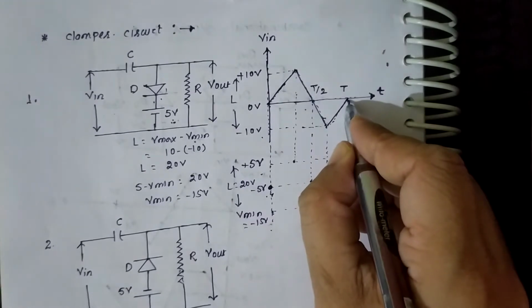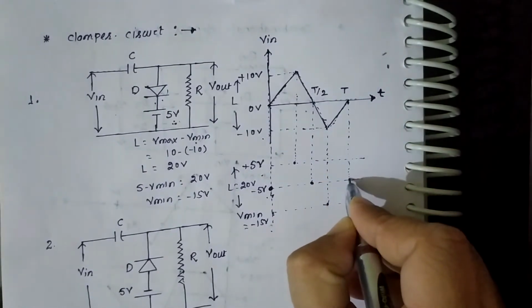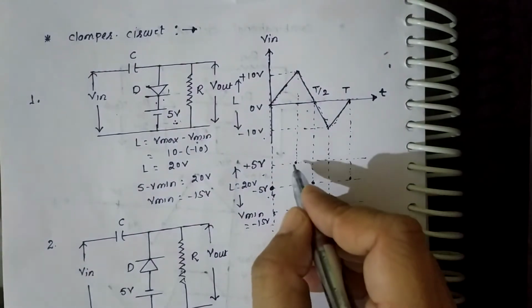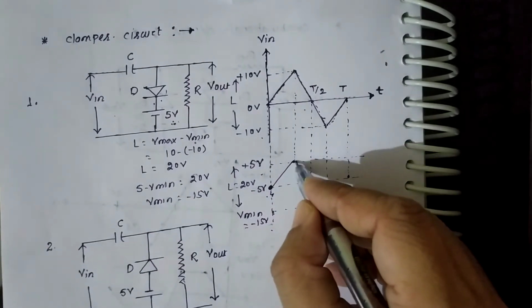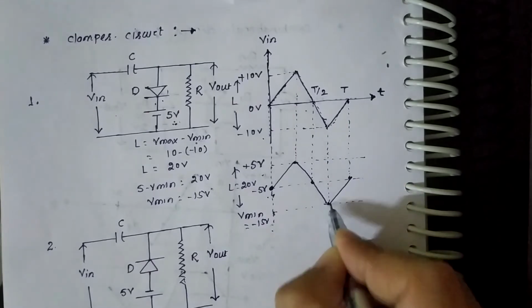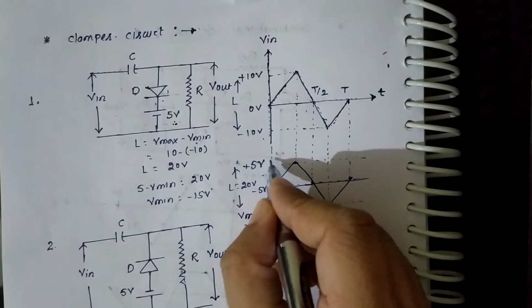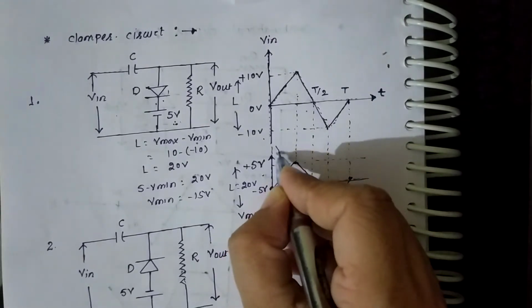At this point the input is 0 voltage, which is shifted to minus 5 at the output. Now you join all these points, and you'll get this output waveform. This is V out.